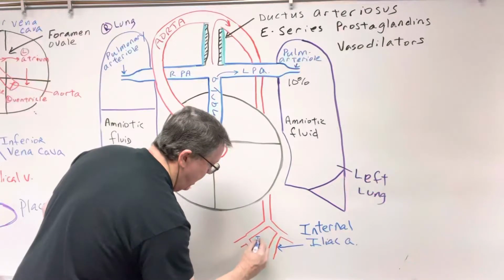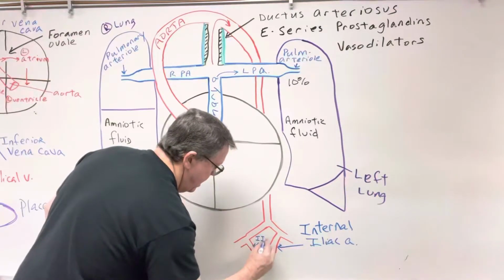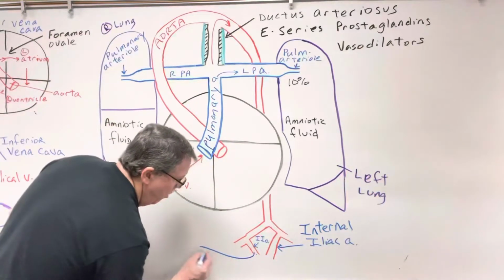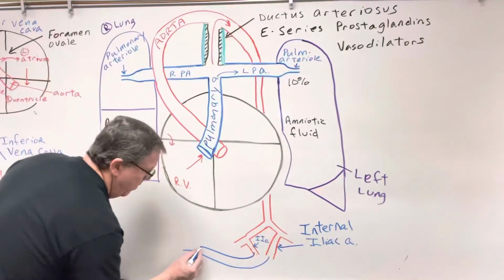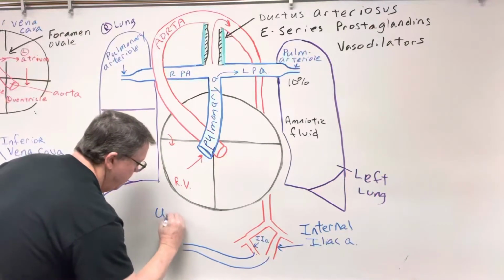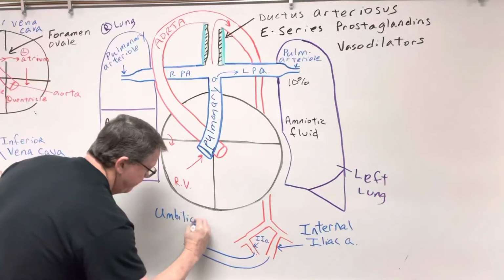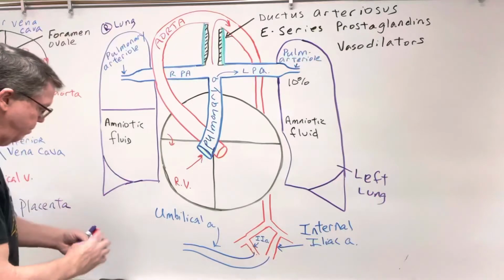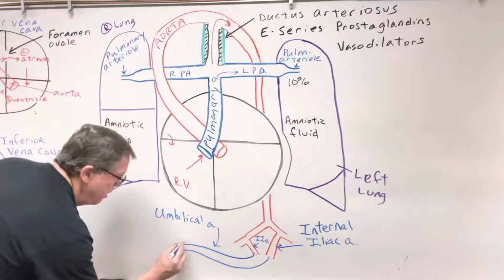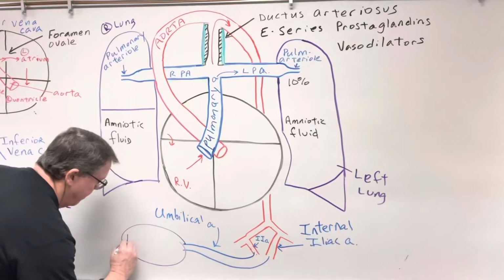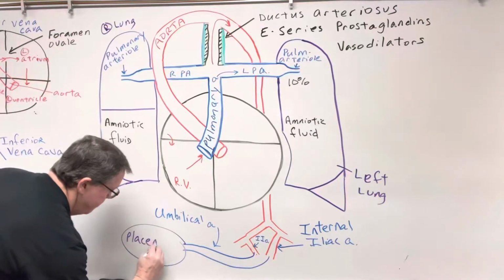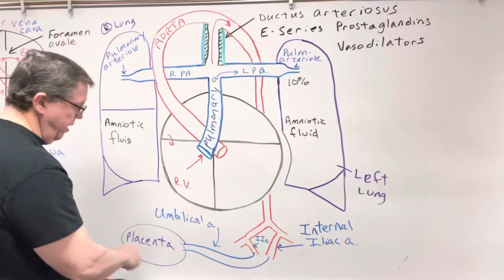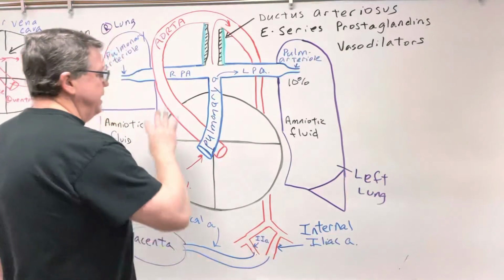So I'm just going to put IA. That's internal iliac artery. Coming off the internal iliac arteries, I'm going to have two more arteries, and these are going to be my umbilical arteries. And what they're going to do is bring this deoxygenated blood back to the placenta. Okay, so it brings it back to the placenta. Now it can get oxygen, and then like we said over there, it goes up and ends up going back to the heart.